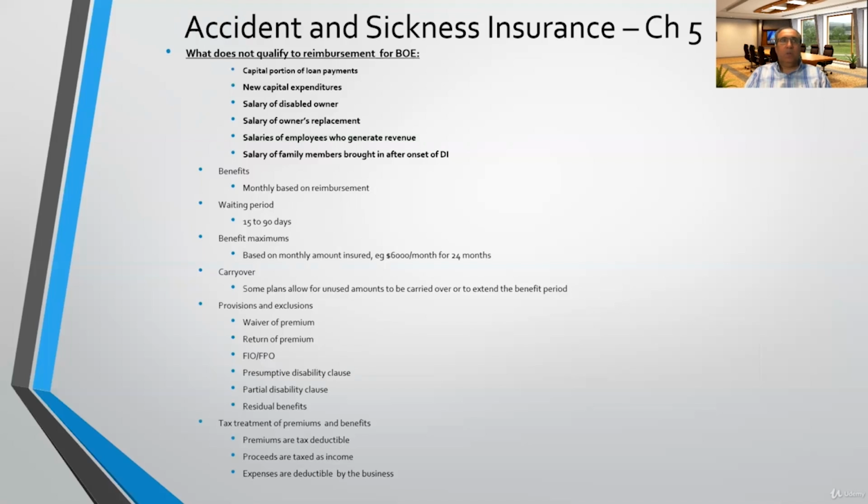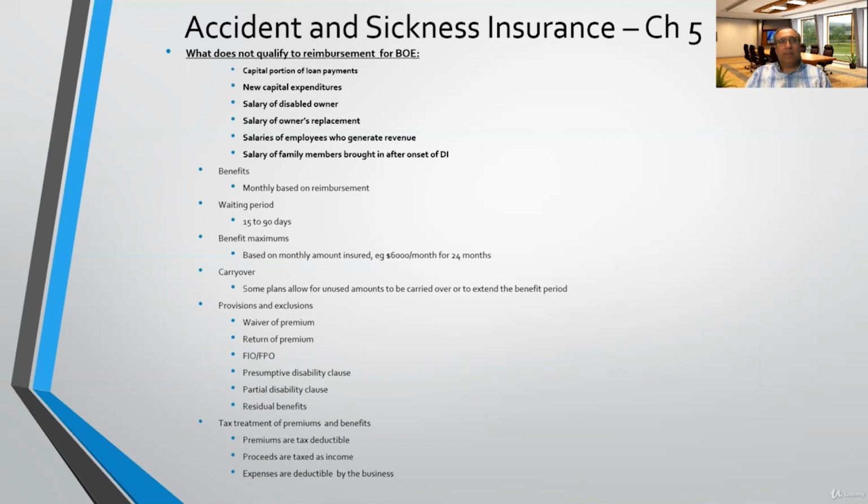Salary of the disabled owner. So the owner themselves should have their own type of policy to cover their disability. This will not cover the salary for the disabled owner. And it will not cover for the owner's replacement either. Their spouse may be working in it or they hire somebody, their salary will not be covered. And they're not covered for salaries of employees who generate revenue.